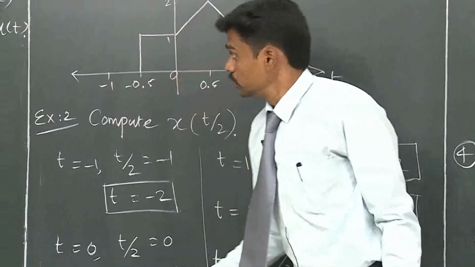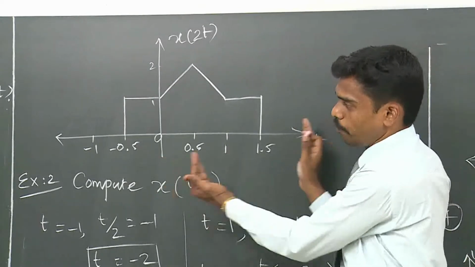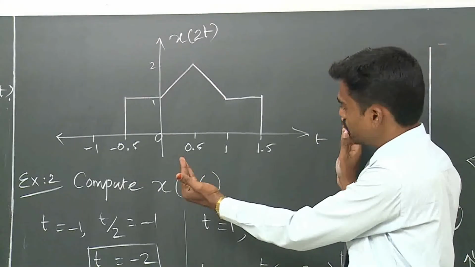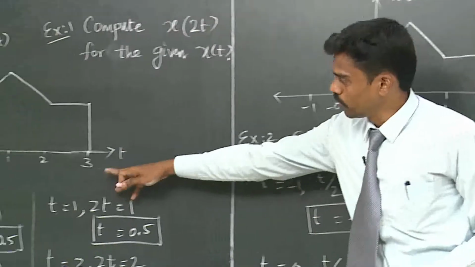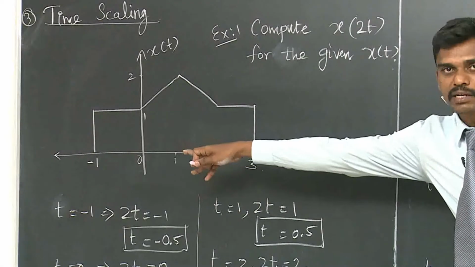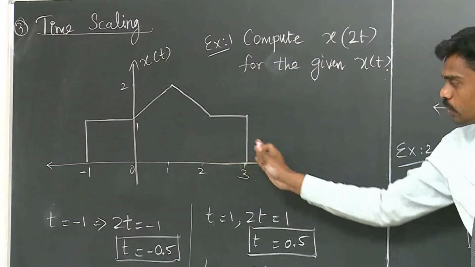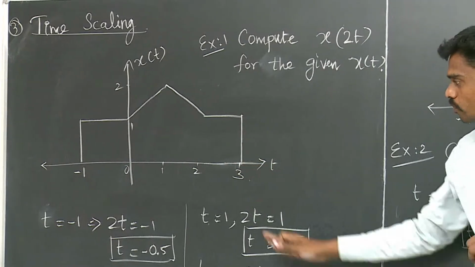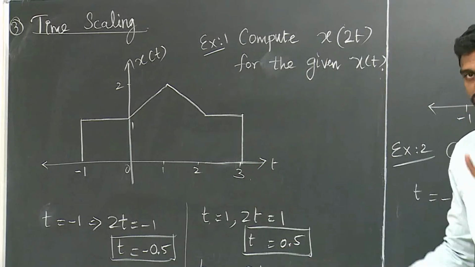What actually happened here is the time is compressed. The actual time duration was 1 unit on the negative side and 3 units on the positive side, totally 4 units.